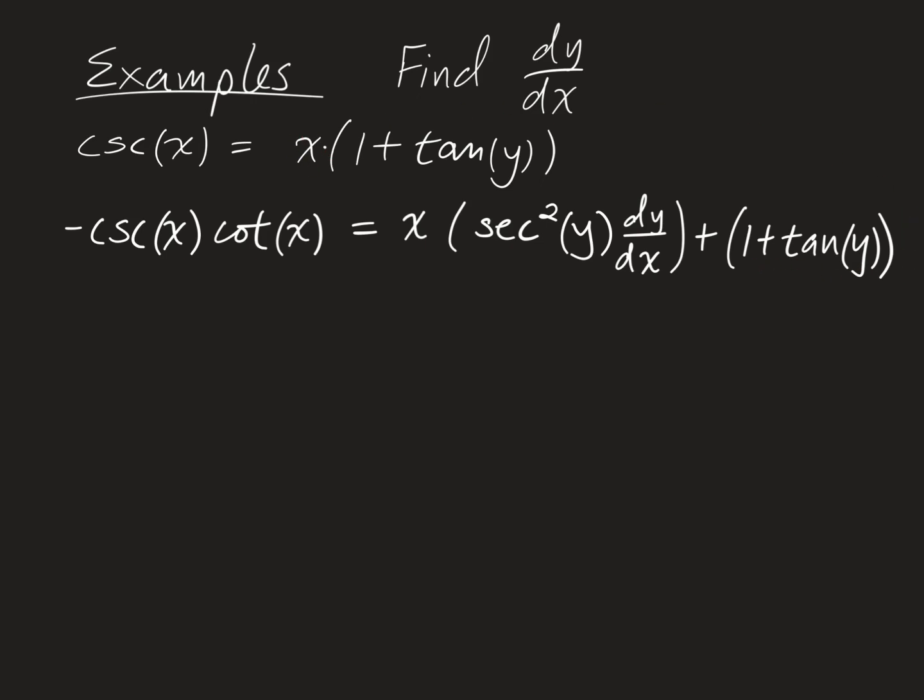No big deal. So now we need to get all of the terms with dy dx on one side of the equation. That's this one here. That's it. No other term has dy dx. And we get all other terms on the other side of the equation.